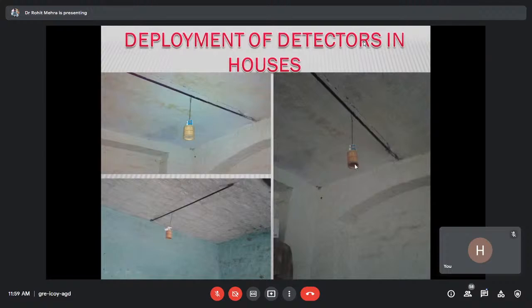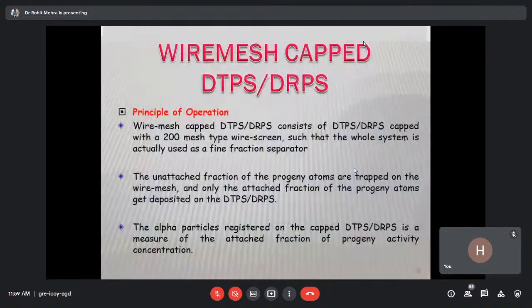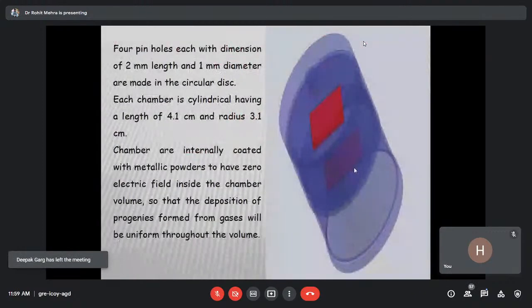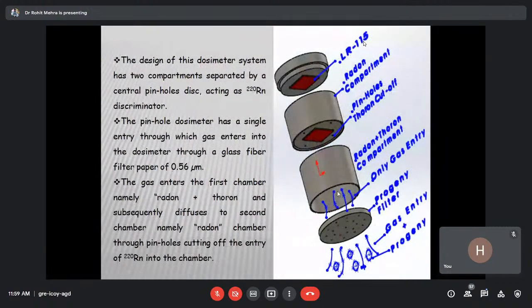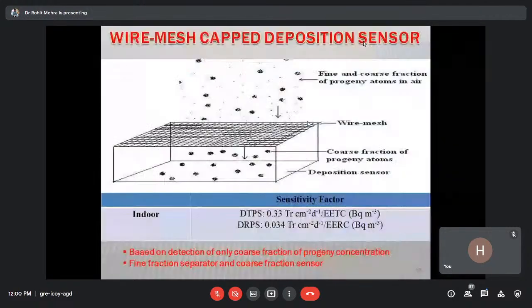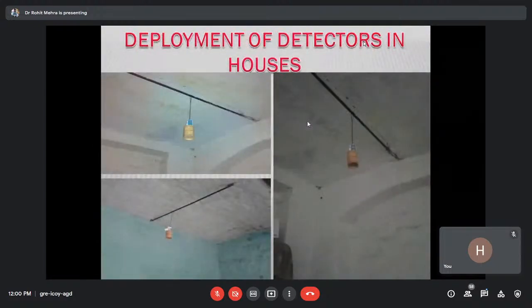This is the mesh from where the air will enter, into the lower chamber. This compartment is radon plus thoron, and then this detector is there. This detector is cellulose nitrate, just for your information. So this is how they are handled.